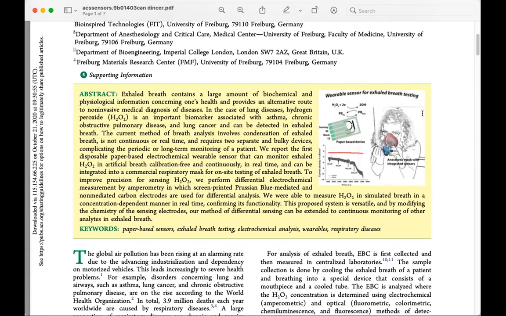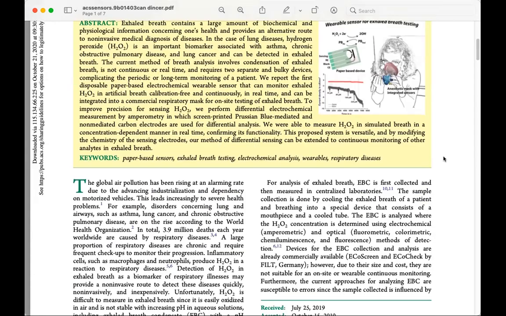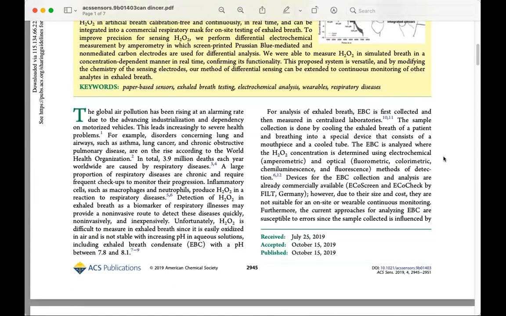So the whole idea here is wearable sensor and paper-based. You can see that the paper-based device is based on electrochemical technique, and this is what the results are expected to be. And this is where the application will be. So by looking at this graphical abstract, we can understand what will actually be reported in this paper.